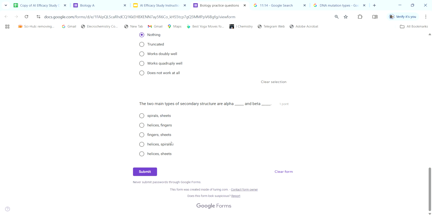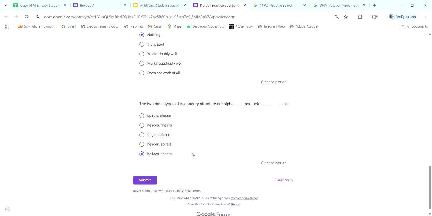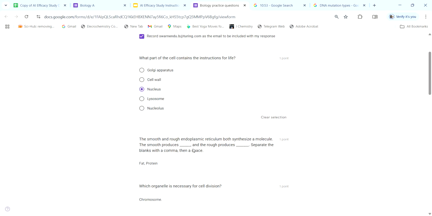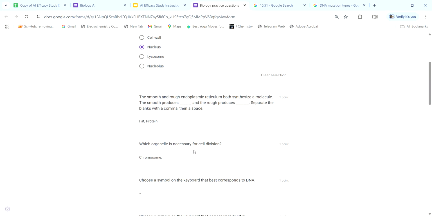Actually, alpha is a helix, beta is a sheet. So I think this should be the correct answer, alpha helices and beta sheets. So these are the questions. Now I will submit it.